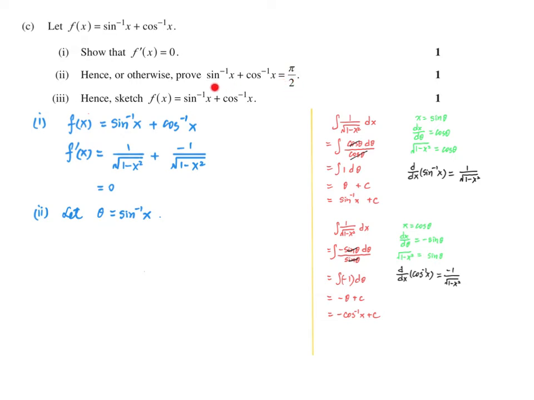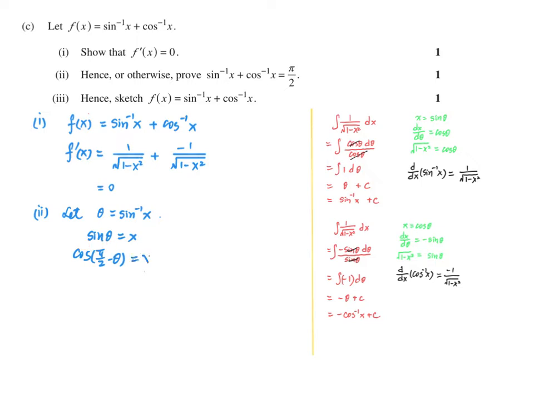That means there are two angles that always sum up to pi over 2. So let's let theta be the arc sine x angle, which means when we do the sine of this theta, it gives you x. But sine can be rewritten in cosine form, right? So cosine of pi over 2 minus theta always gives you sine theta.